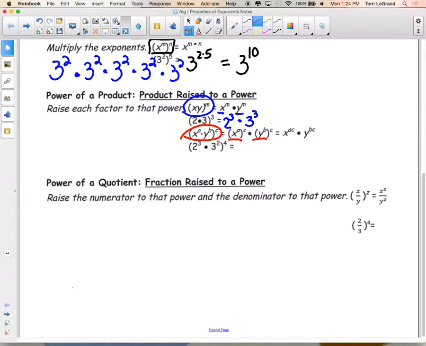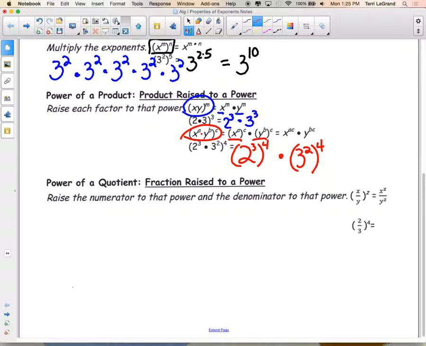You give the first factor, 2 to the third power, the fourth power. And then what's our other factor? 3 to the second power. We've got to put it in parentheses because it's a power, and that's going to get raised to the fourth power.